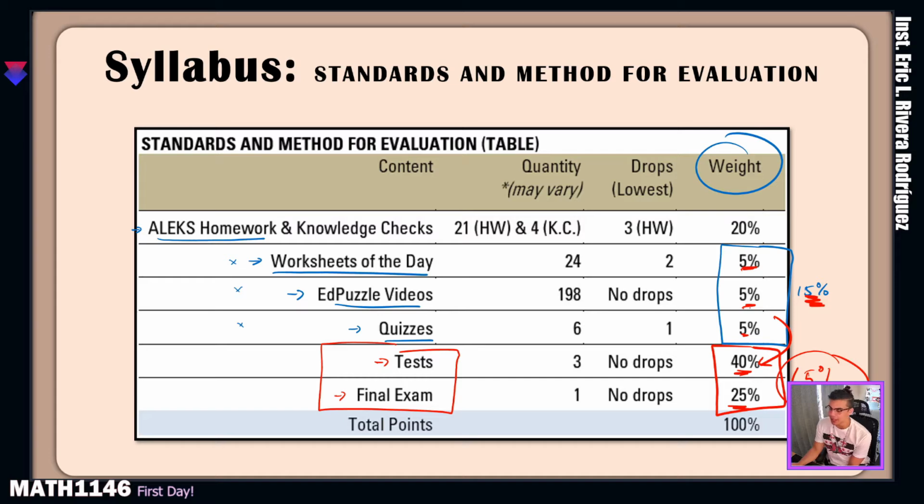I will know that if you are getting 100% in all of your worksheets of the day, but then when it comes to the test, you're getting 50%, 40% for a test, it is going to tell me something, all right?